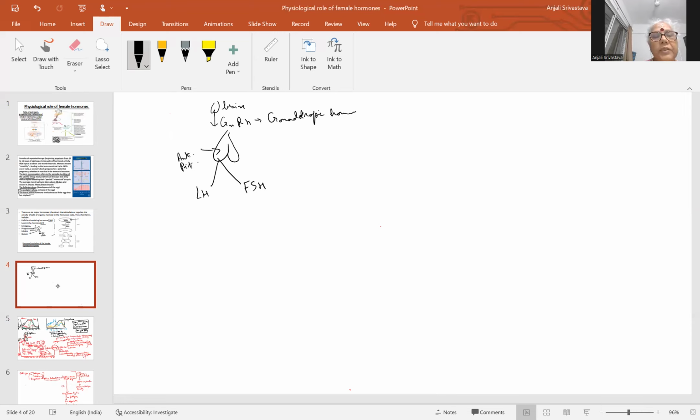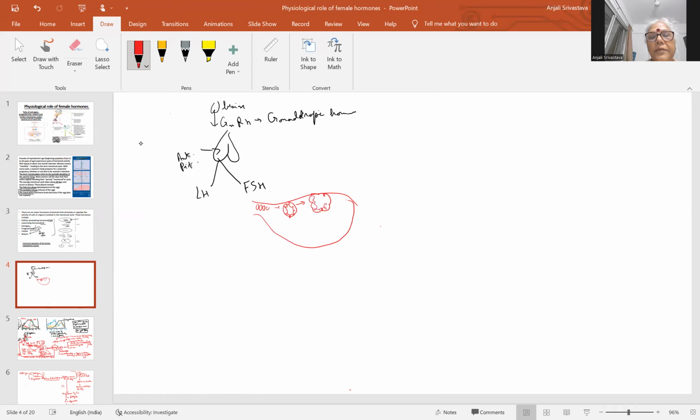Now these luteinizing hormone and follicular stimulating hormone reach the ovary, where the different stages of developing follicles are there. This is the primary follicle.